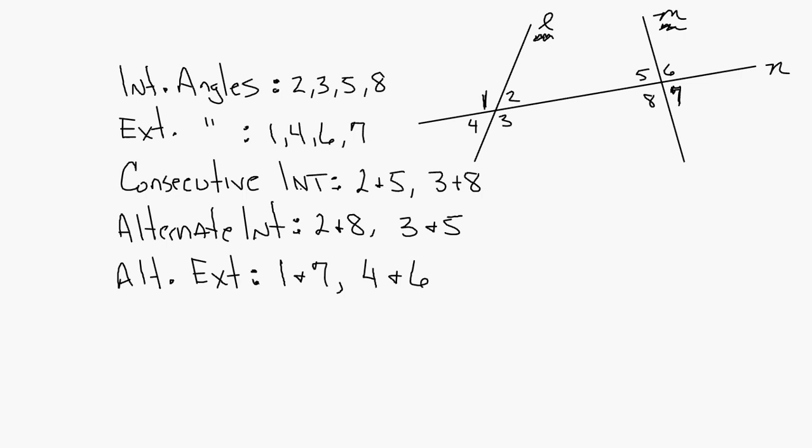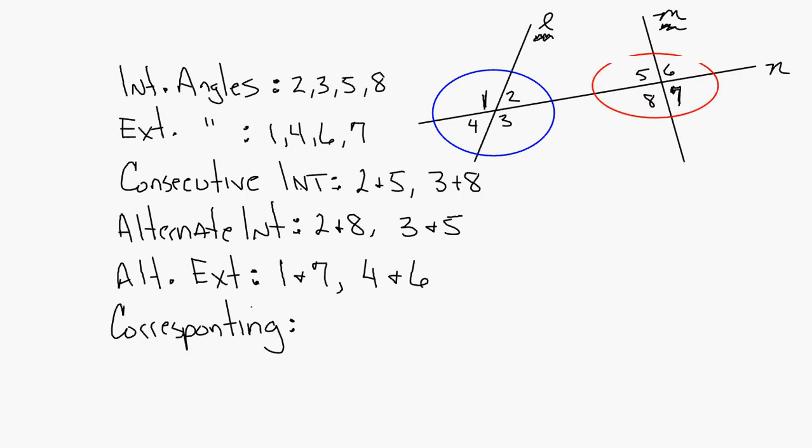Well done. Okay, and lastly, the last type of angles we talked about are corresponding. I'm going to pick the first one, and then I need somebody to give me the second one. And remember, corresponding holds the same position in the blue group as it does in the red group.